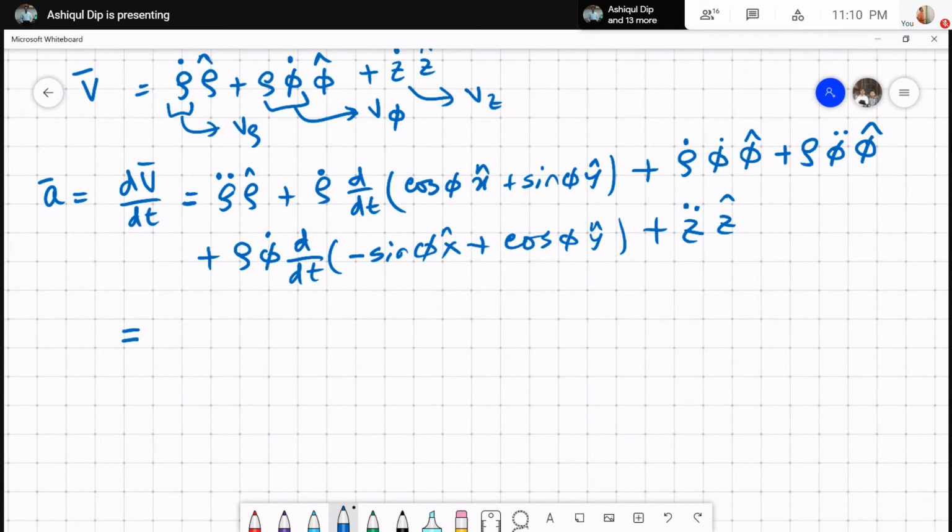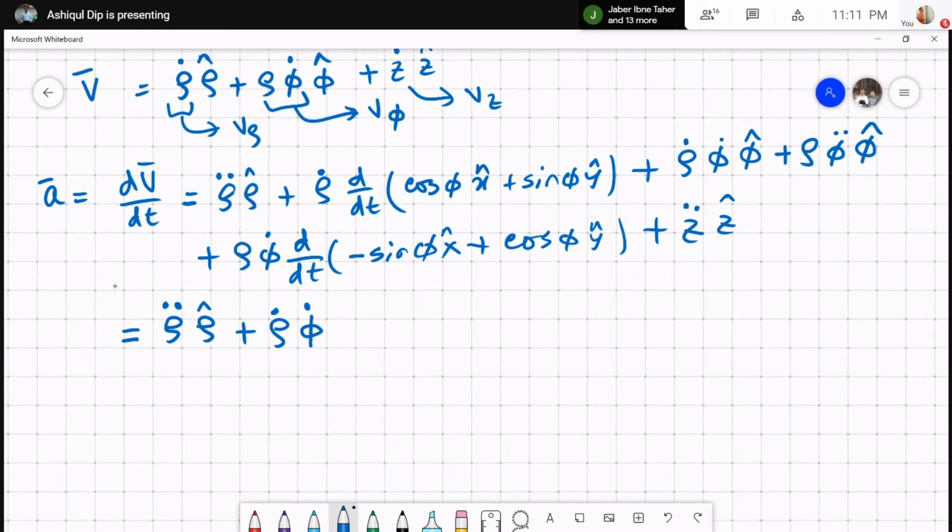Are you okay with that? Okay, now if we take the differentiation, then we already had rho double dot rho hat, that's fine. Then rho dot, and if you take the differentiation with respect to t, what do you get? You have a phi dot as well, right?